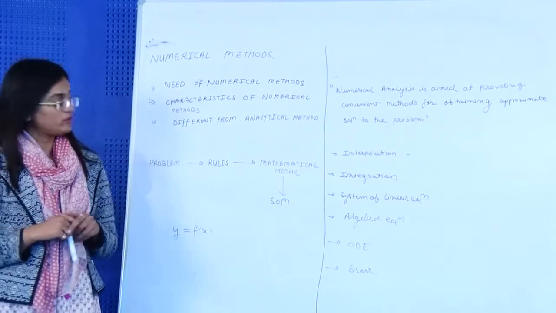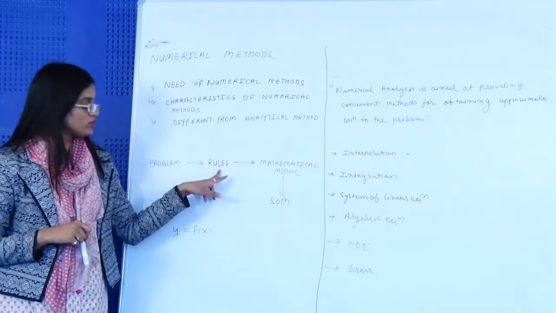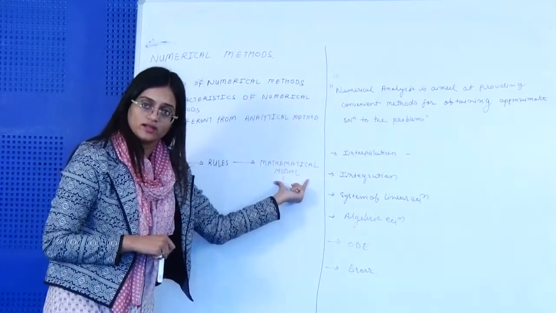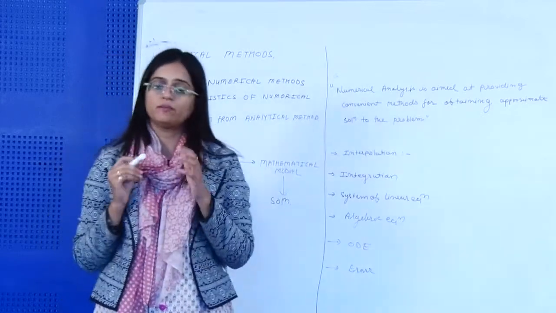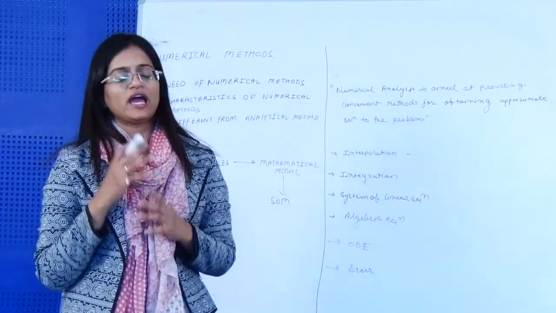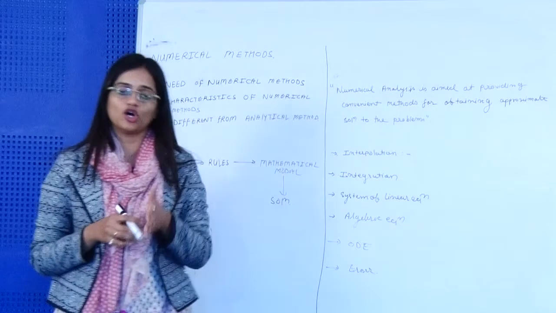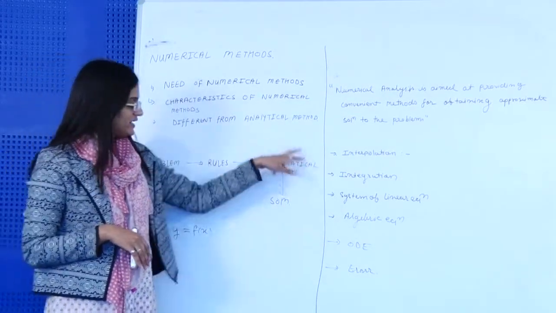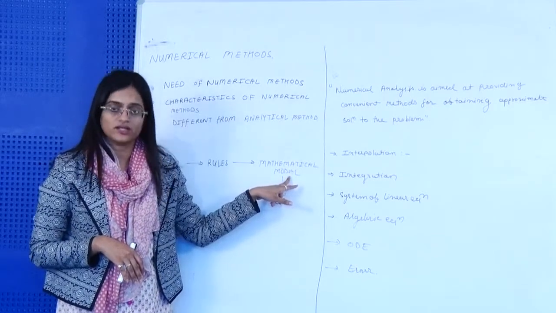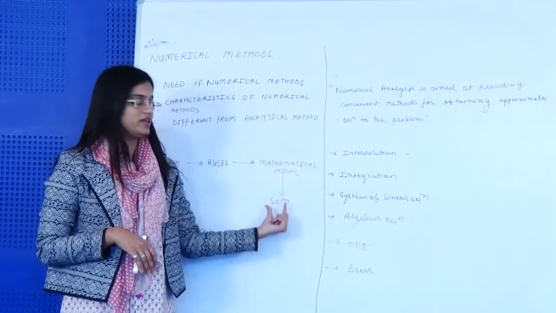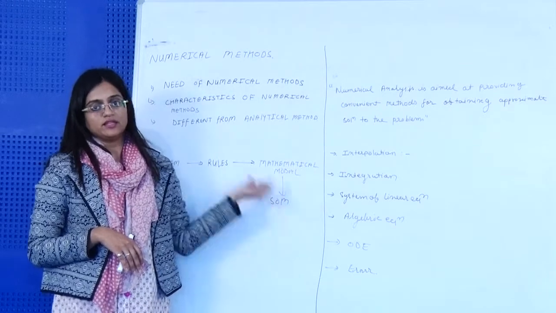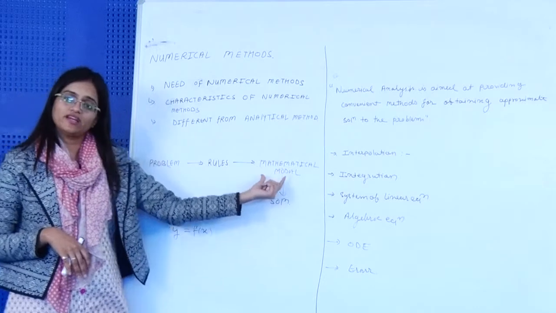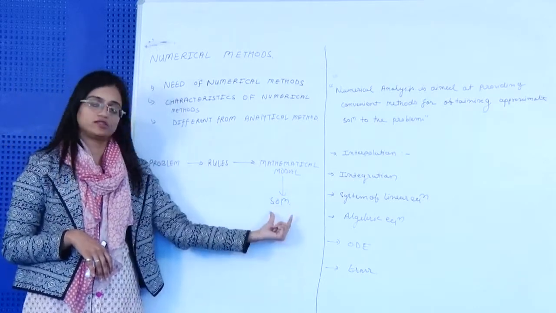If we know the roots of the problem, we apply rules to convert our problem into a mathematical model. Once the mathematical model is built, we have a number of methods to solve it. Applying the mathematical function or formula, we get the solution. So with numerical method, we apply numerical method on the problem to get the solution.